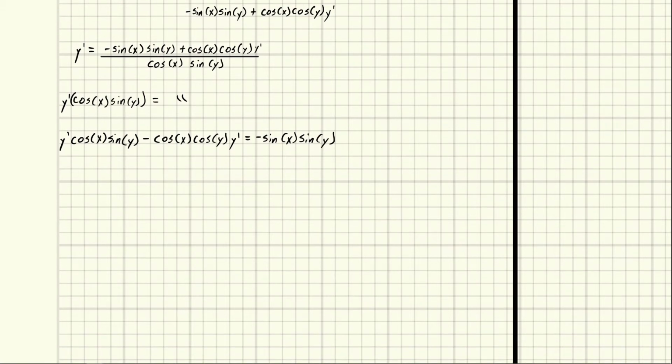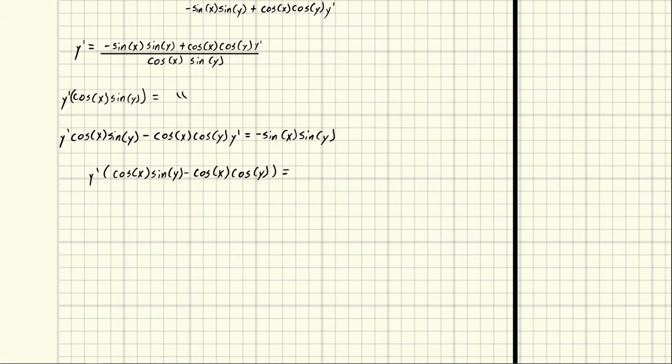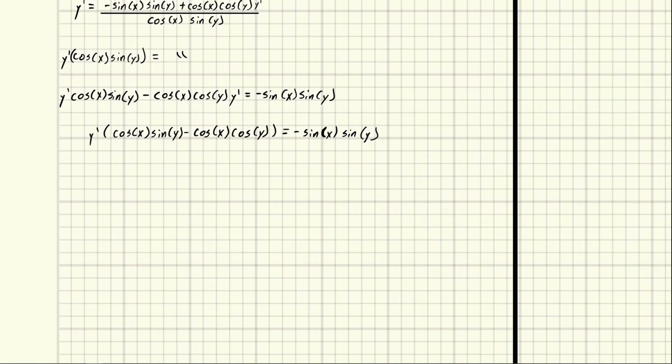So using this, we could factor out the y prime, and we get cosine x sine y minus cosine x cosine y, close this, equals negative sine x sine y. And this is a curly brace. It looks kind of like a bracket. Doesn't matter too much.